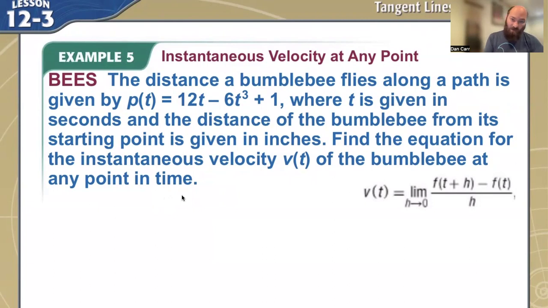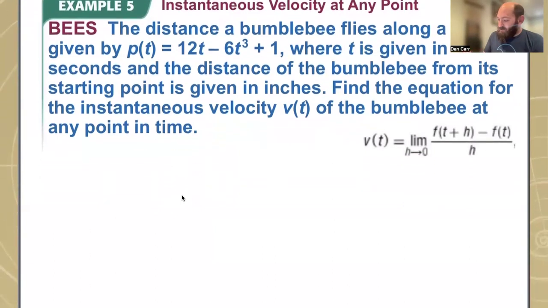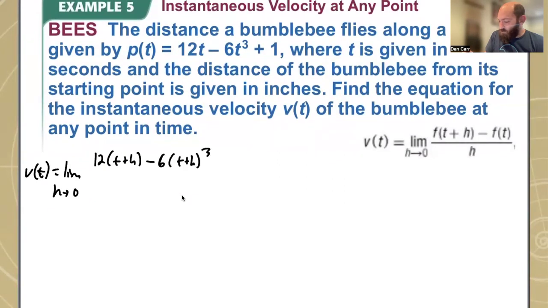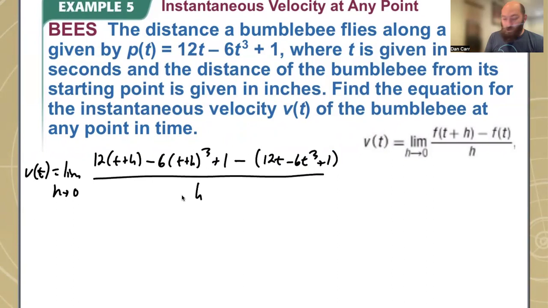This one's going to have a lot going on, but we'll do it like normal. v of t is the limit as h approaches 0 of p of t plus h, which is 12 times t plus h minus 6 times t plus h cubed plus 1, minus p of t, so minus 12t minus 6t cubed plus 1, all over h.